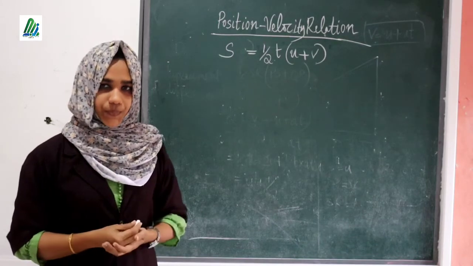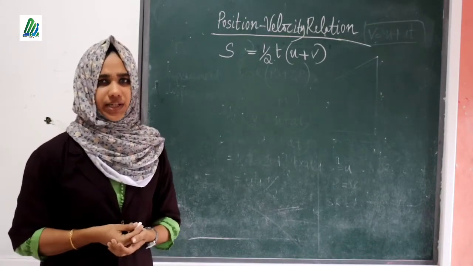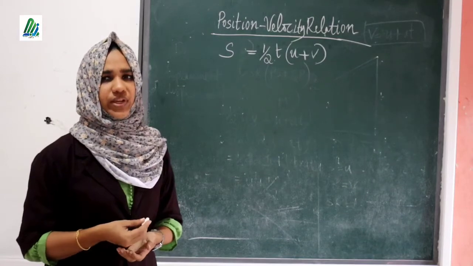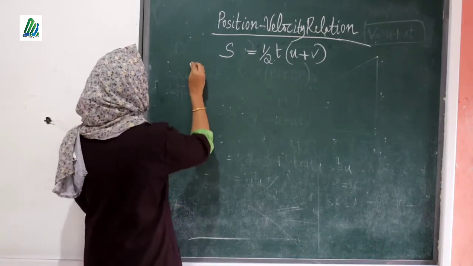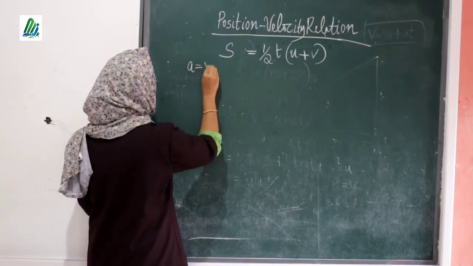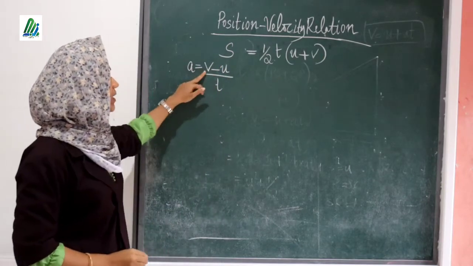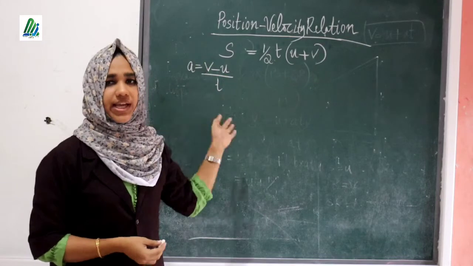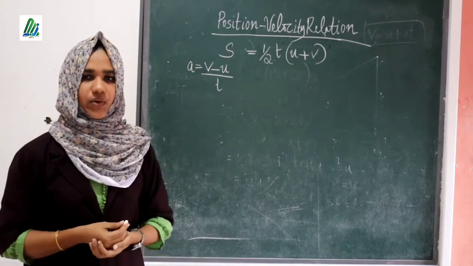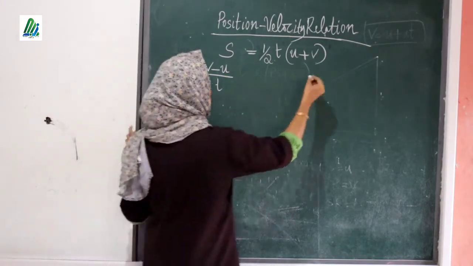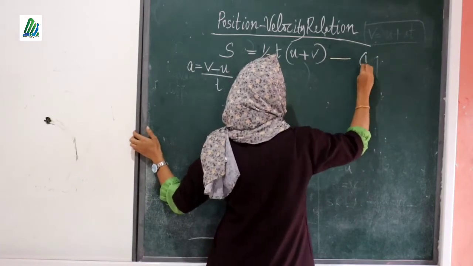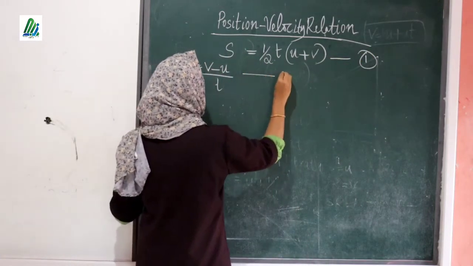We all know that acceleration is equal to v minus u by t. Here v is the final velocity, u is the initial velocity and t is the time taken. Put this equation as 1.